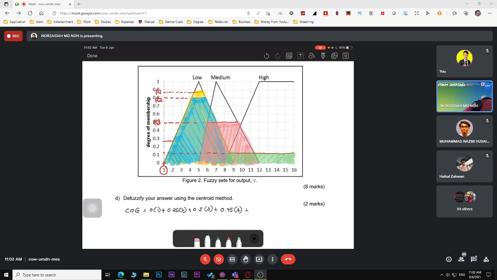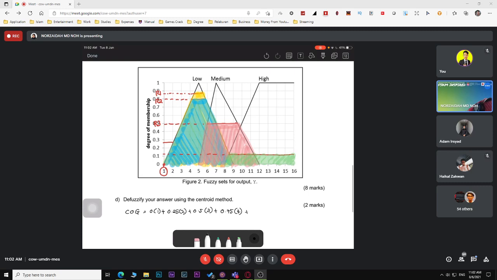Kita diam masing-masing. 1 times 5. Betul? 6. Sorry, bukan 1. Silap. Dekat 5 bukan 1. Dekat 5 berapa? 0.875, yang you potong kat sini ni. Betul?